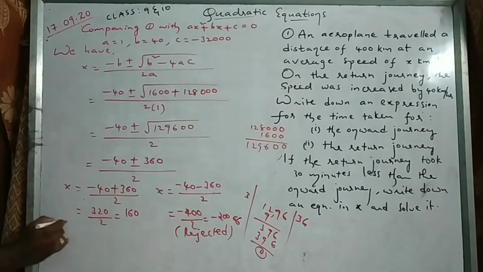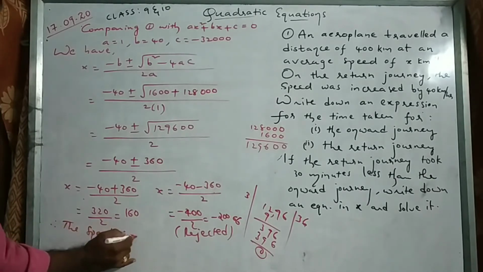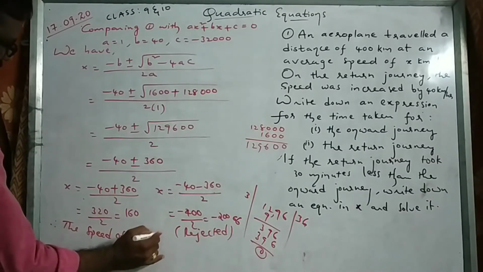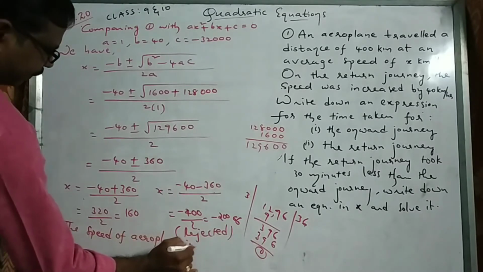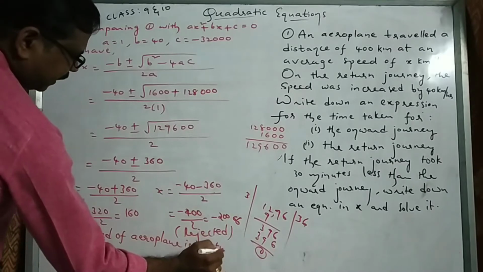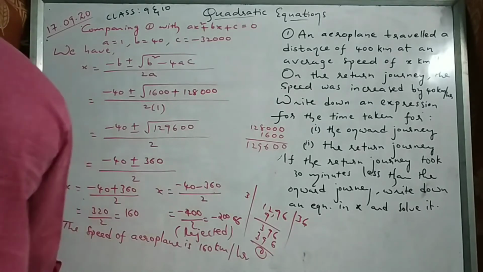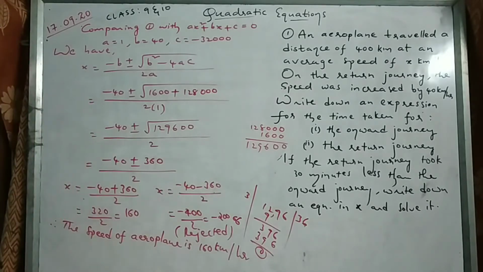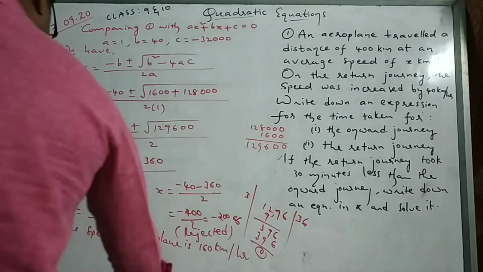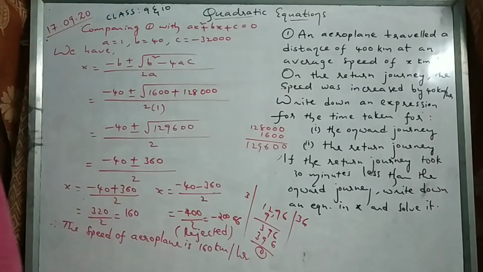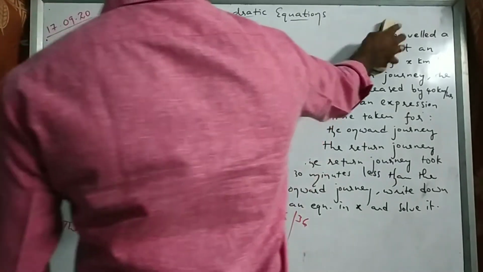Therefore, the speed of the aeroplane is 160 km per hour. This is the way we calculate. Hope it is clear. See the next question.